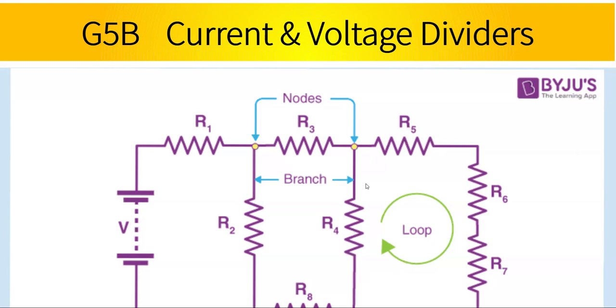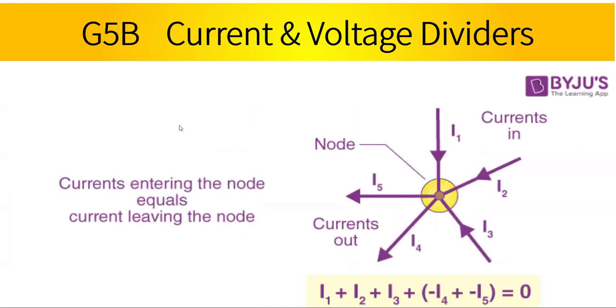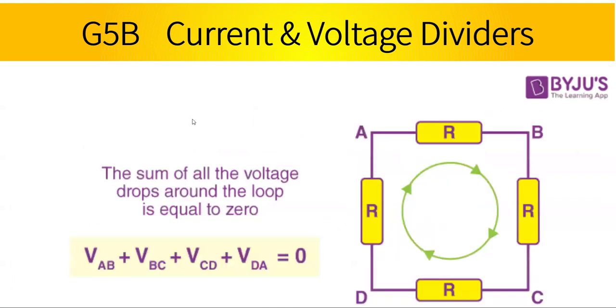So if you add those up, as these plus and this minus, you'll get 0. And I can't tell you how many damn circuits we had to do this way in college. That was a big thing. This is just another one showing the currents in and out of the node, the voltages around the loop.